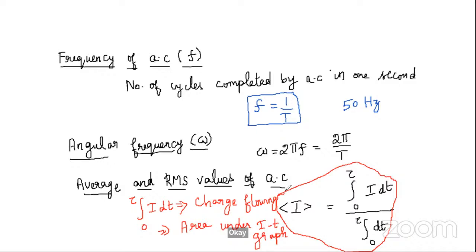Now using this formula, we shall find out the average value of I equal to I naught sin omega t over the positive half cycle.